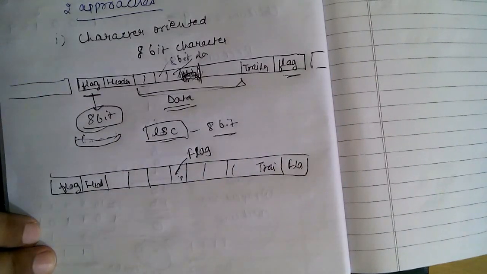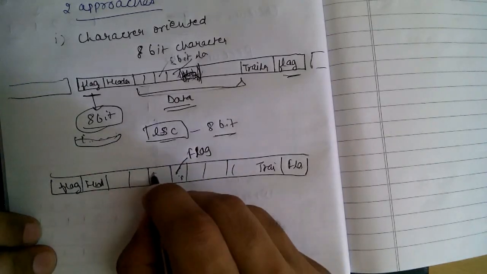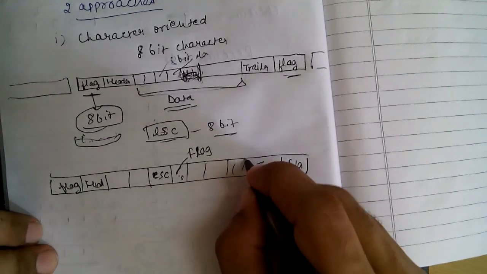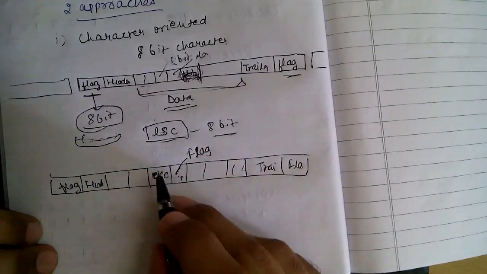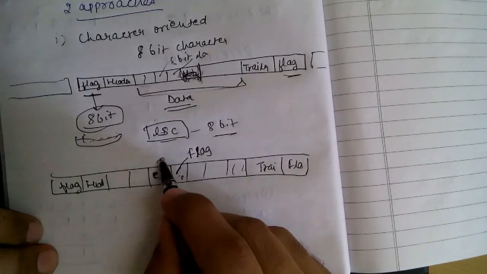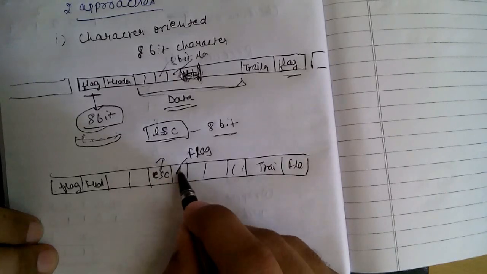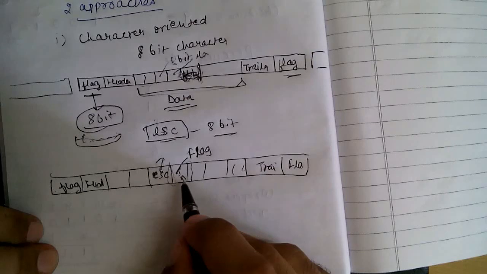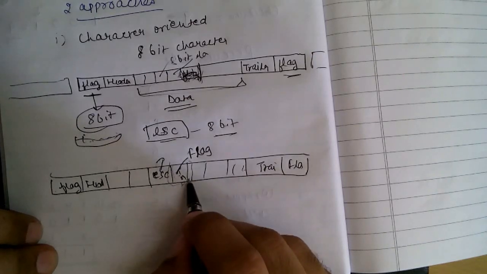So that the receiver doesn't confuse it with the flag, we add an escape character before it. When the receiver encounters this escape, it treats the next set of bits as data and doesn't confuse it with the flag.